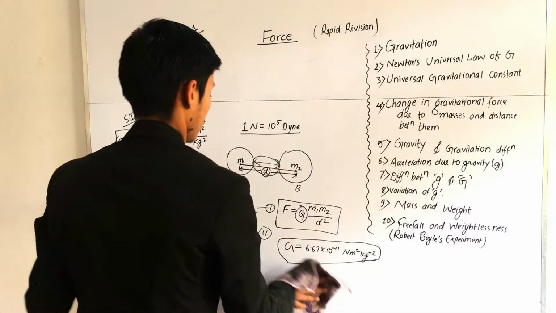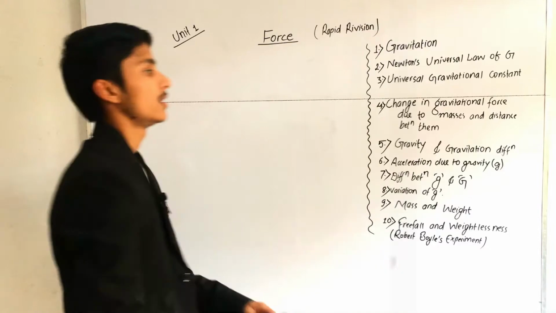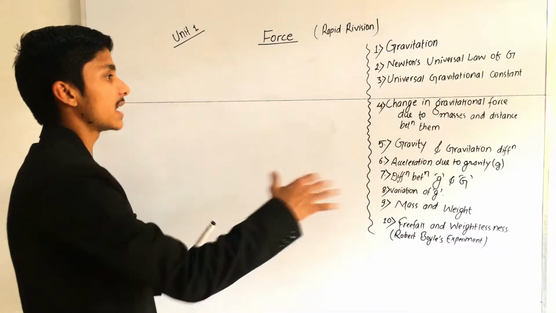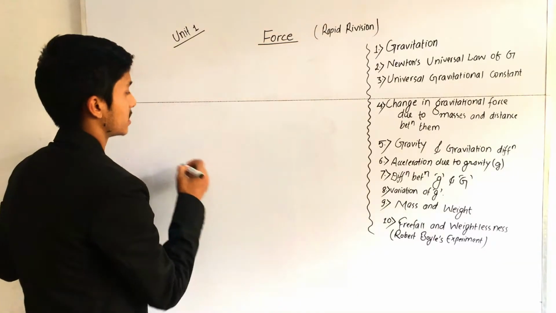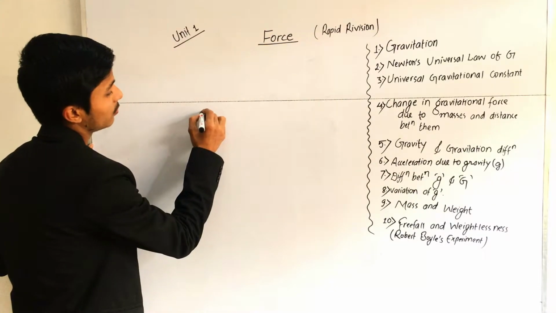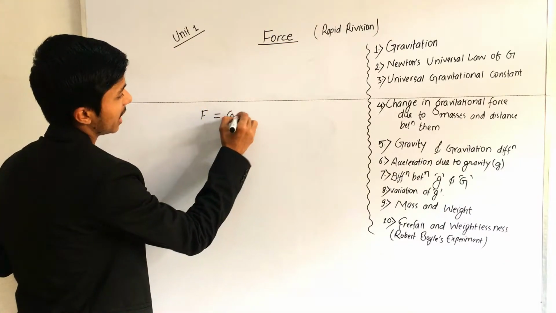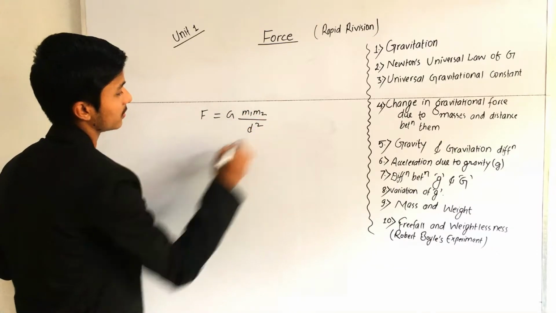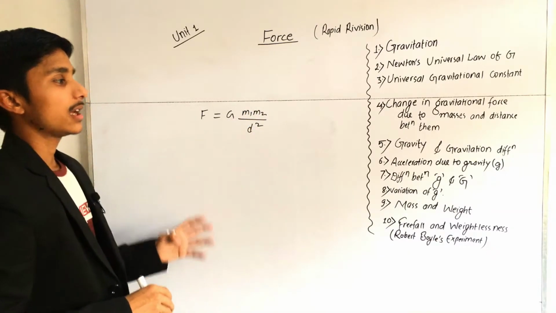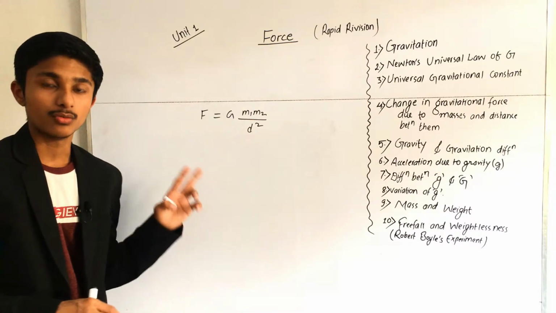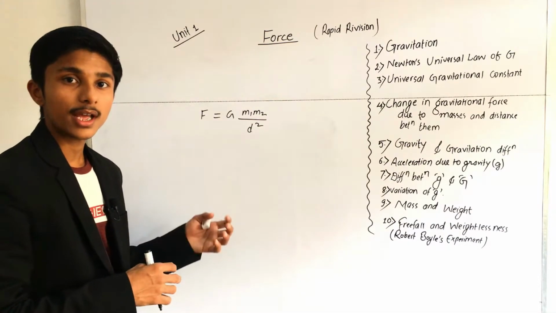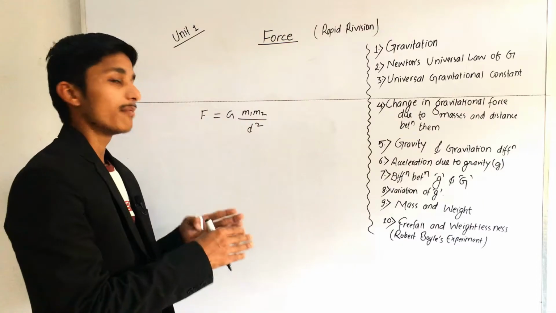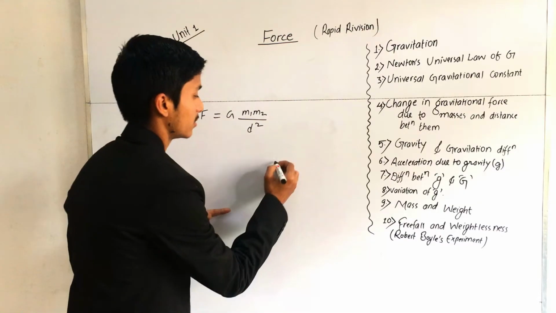Now we find the change in gravitational force due to masses. Here we have the formula F is equal to capital G m1 m2 by d square. For masses we take two cases: when the mass of one object is doubled, and in another case, when the masses of both objects are doubled.